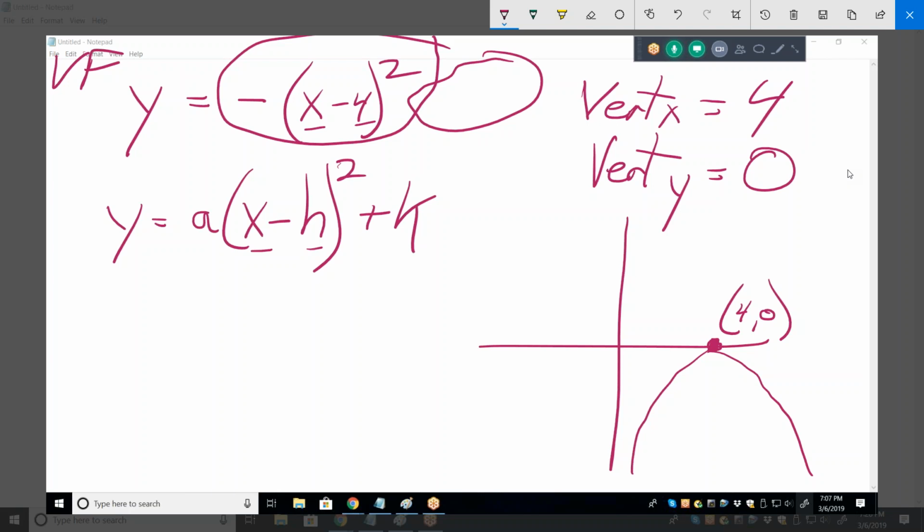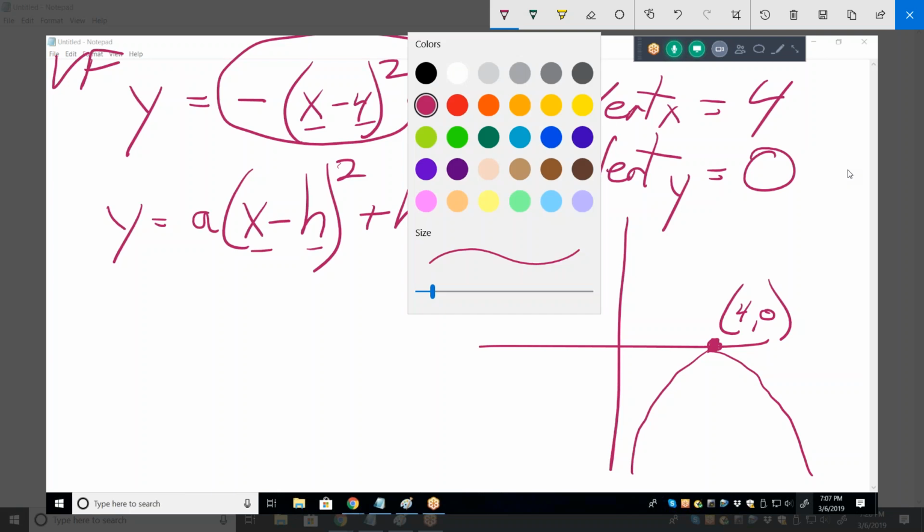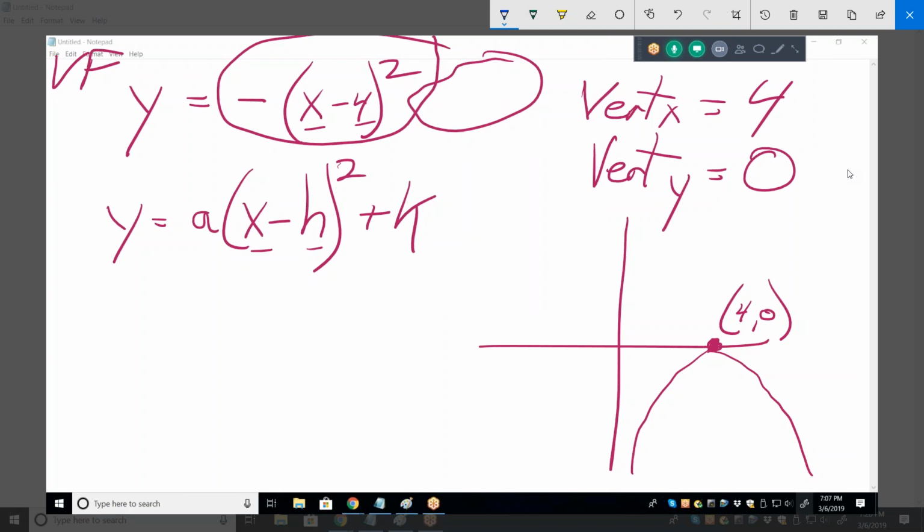So, let's assume that this thing looks more like this. And it crosses that y-axis somewhere. That's actually not a hard point to find. What is x equal to at that point?